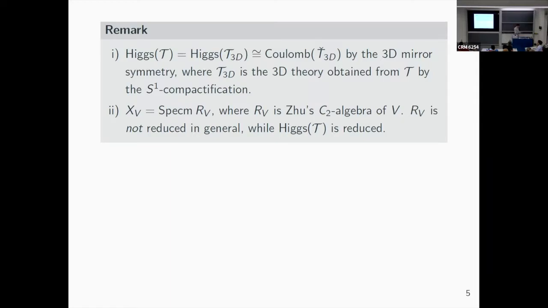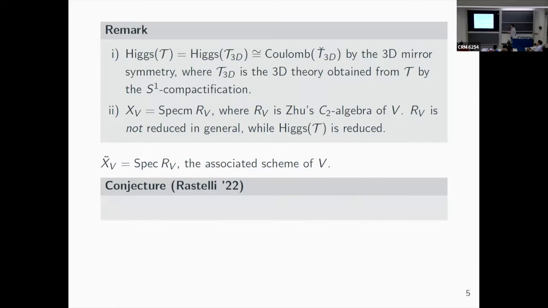So there's some subtlety between these things, but the non-reducedness of this Zhu's algebra is actually good in the following sense. Because it's non-reduced, it makes sense to consider the corresponding scheme, which I call the associated scheme.